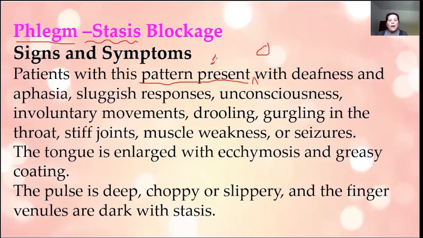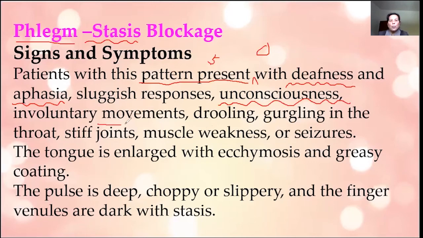We have all the five weak, five soft, and five slow, and definitely orifice problems. The infants or children cannot hear properly or speak properly, with slow reactions. In severe cases, they are unconscious. So truly this pattern is more severe compared with the last pattern.